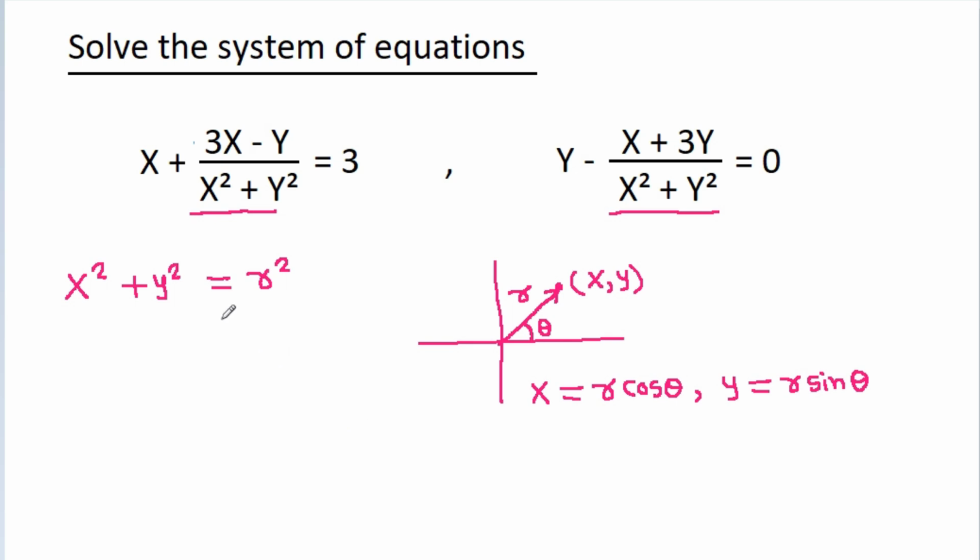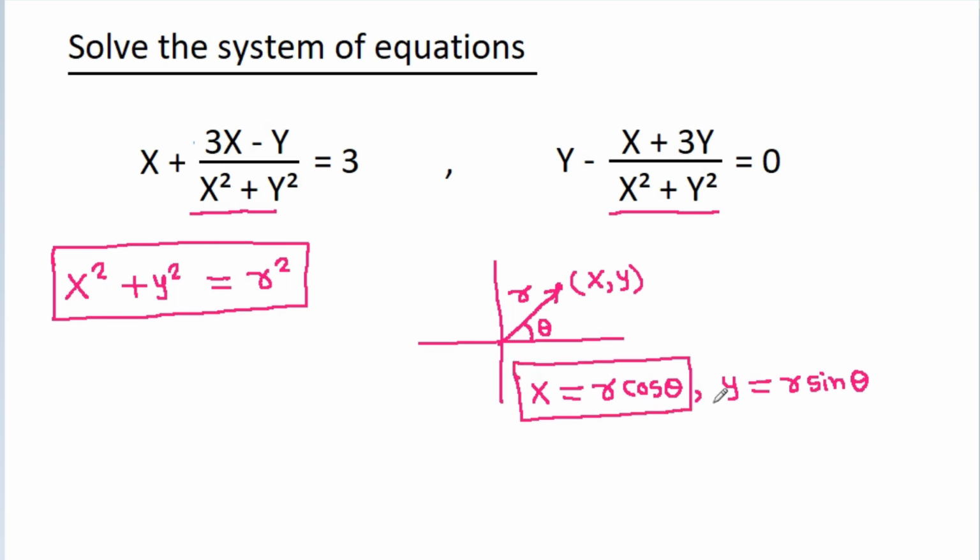This is a very important method, but in this question, if we put x square plus y square equal to r square, x equal to r cos theta and y equal to r sin theta, and proceed some steps, then we will get a very complicated equation. That means this method will not work in this question. So what else can we do?